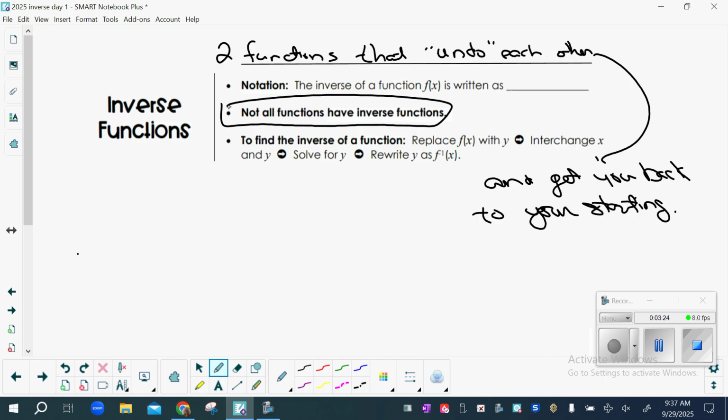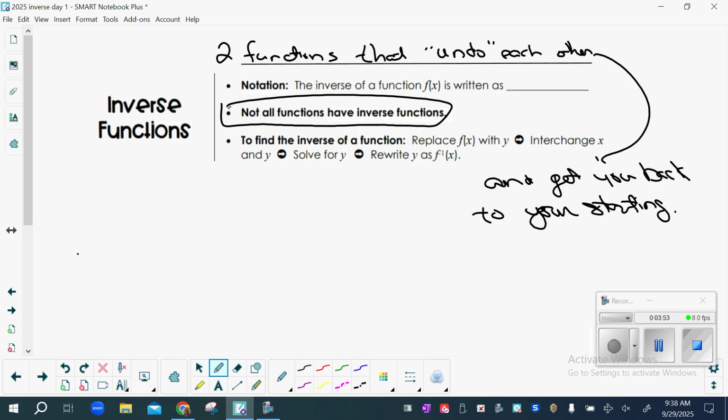So I would walk into the bathroom, I would pull down my pants, I would sit down, and I would pee. Right? That's the function. What would be the inverse? The inverse is creepy, right? It would be unpeeing. I don't know what that is. I don't want to think about it, right? So some functions you can't inverse.